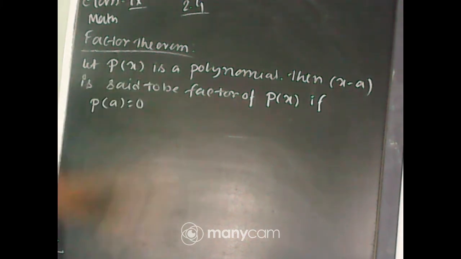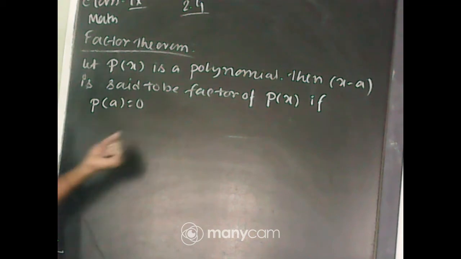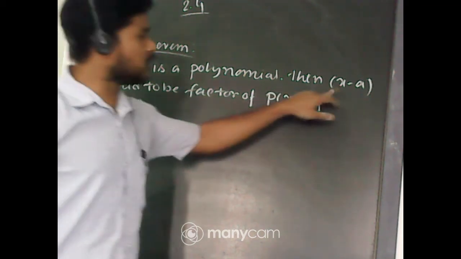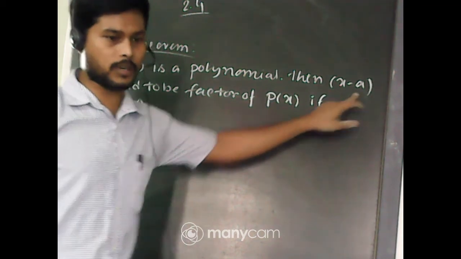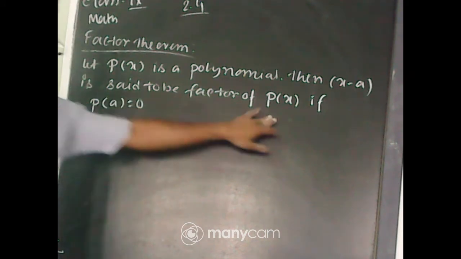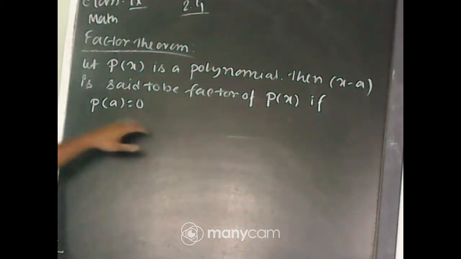This term x minus a is said to be a factor of the polynomial p of x if p of a equal to 0.